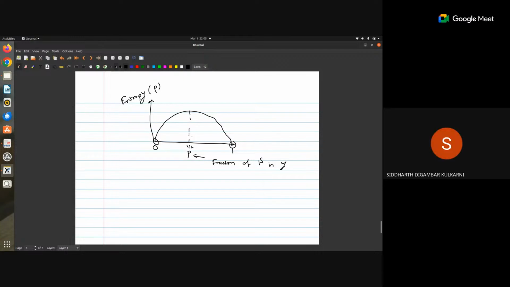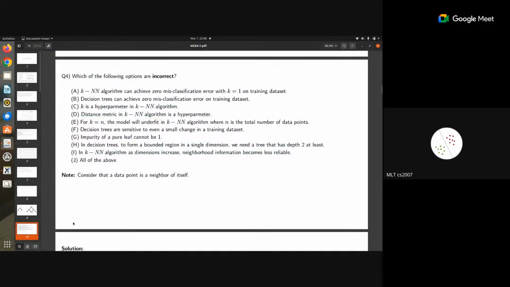For half the impurity is maximum. For a pure leaf, entropy should be 0, right? Impurity will be 1 for half and 0 for the extremes, 0 and 1.